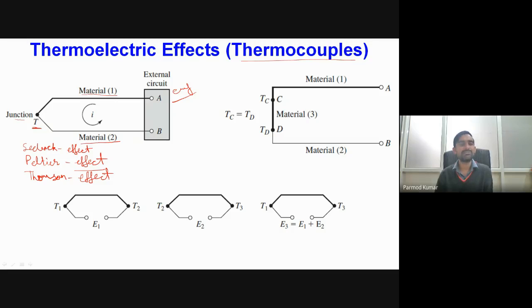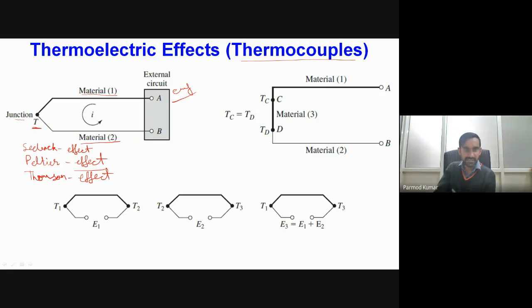Because of the thermal gradients existing inside the wire, we will also have some alterations in the output EMF which we obtain from this type of arrangement. That effect in our EMF, induced because of the thermal gradients, is known as the Thomson effect.